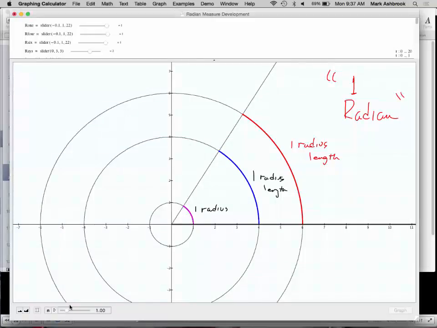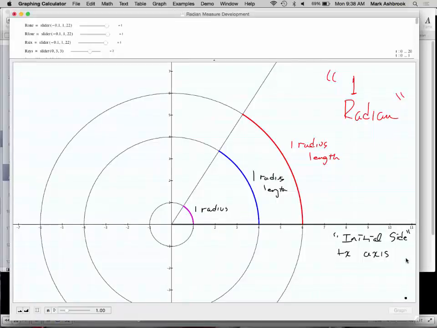Okay, so if I continue, let's just talk here. This is what we're going to call the initial side of the angle. It's the positive x-axis, or the initial side.